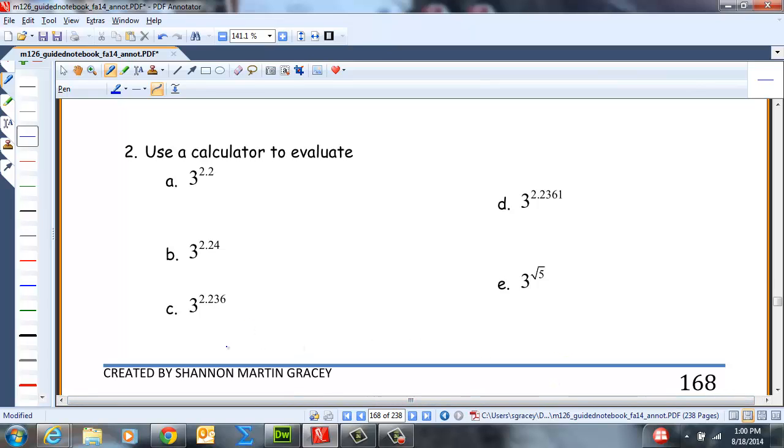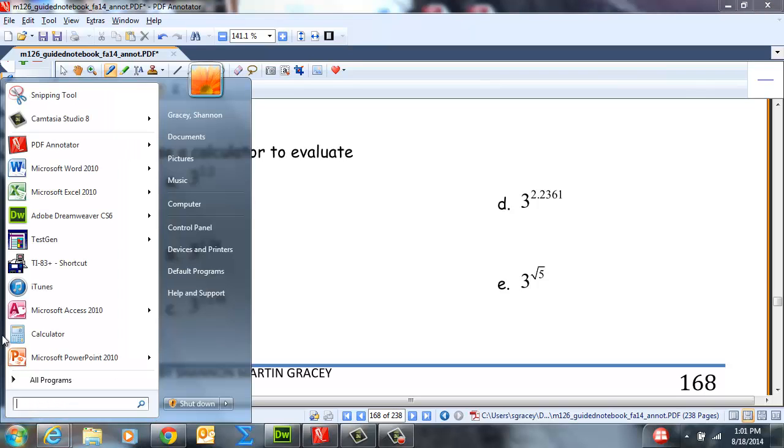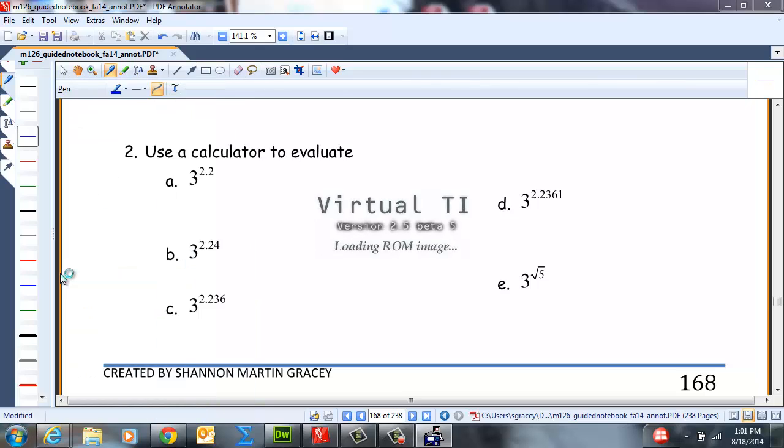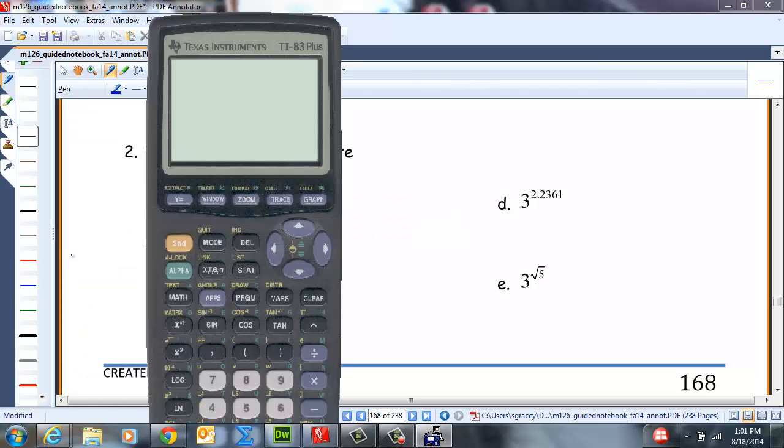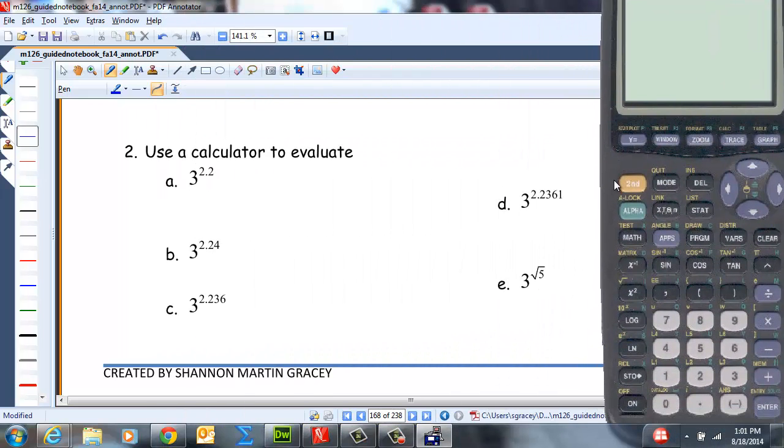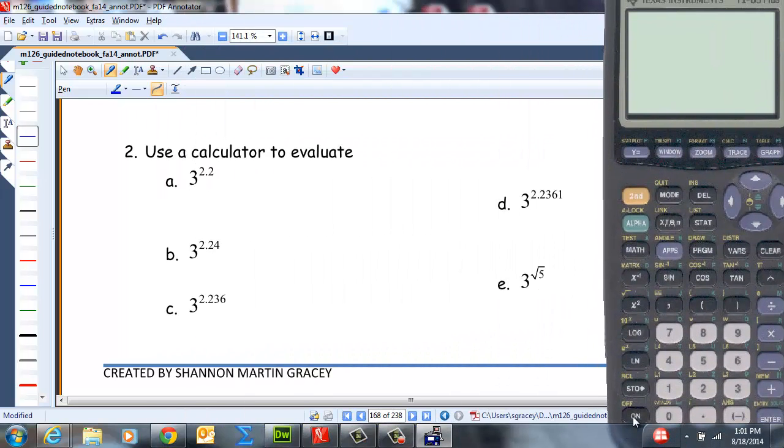Let me get our graphing calculator up. Let me clear this stuff out.